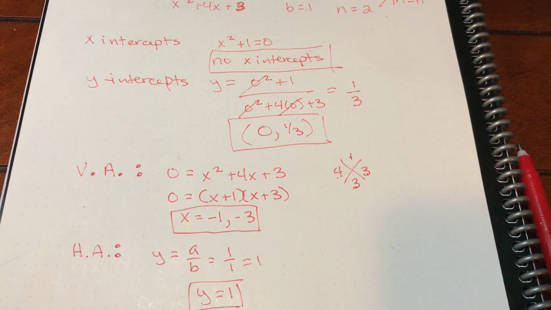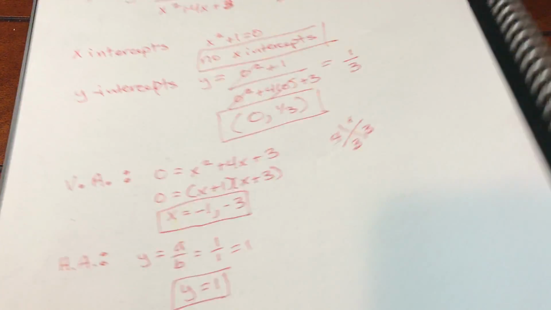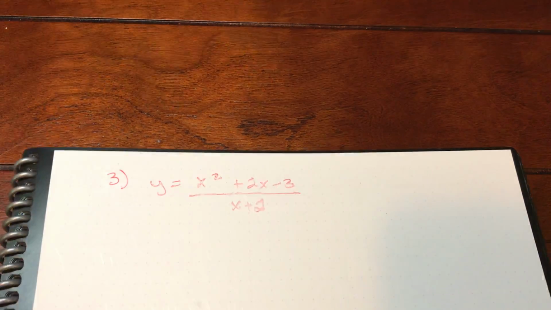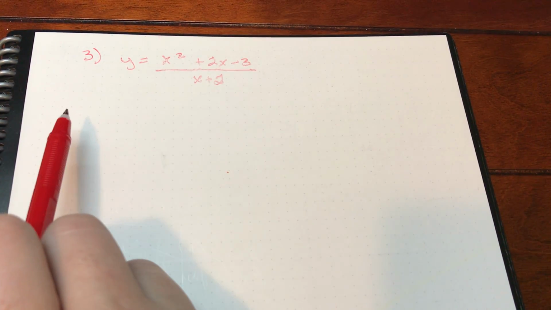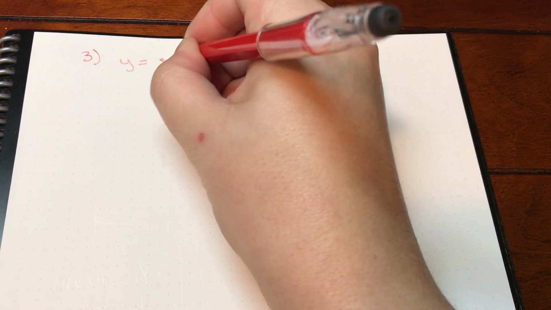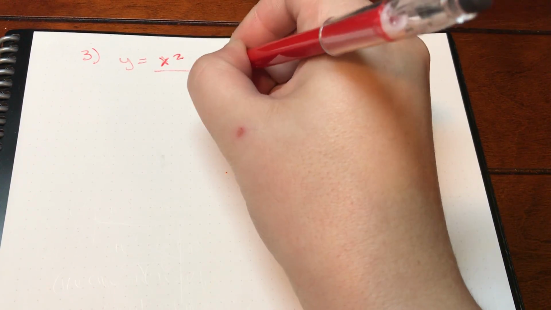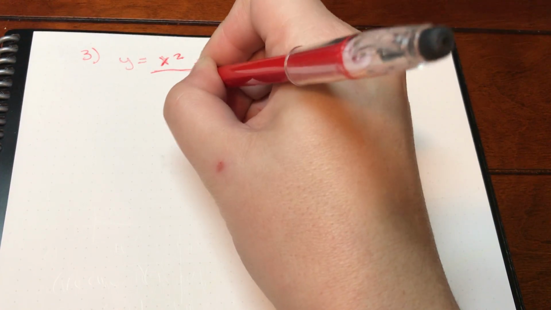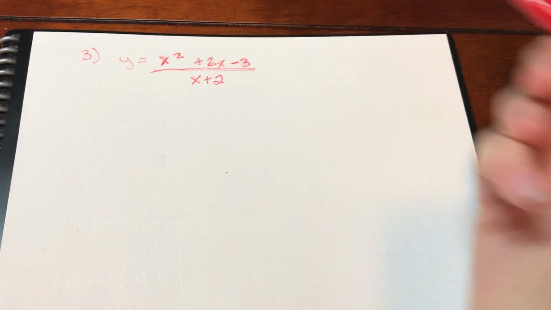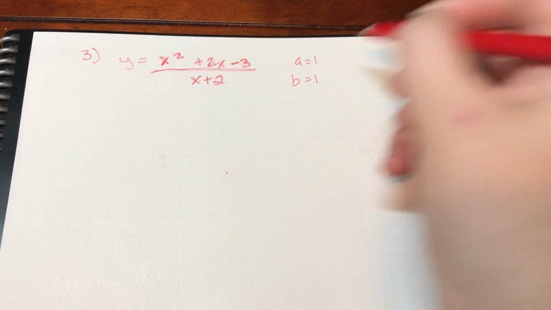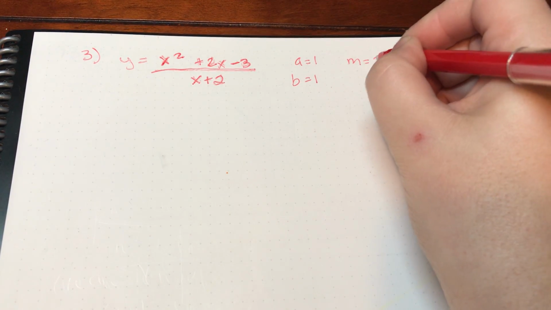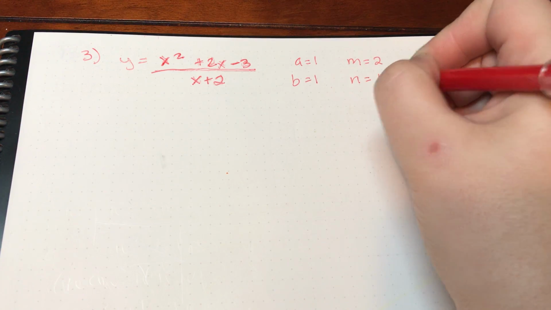All right. So then let's look at this one. Okay, so for this example, all right, my A equals 1, my B equals 1, my M equals 2, and my N equals 1, right?